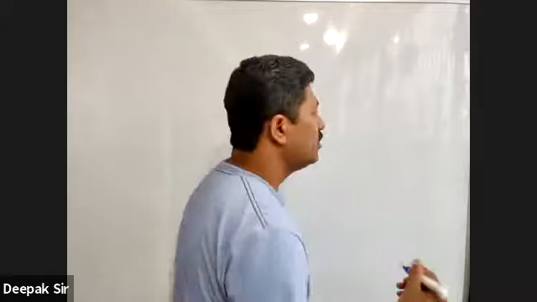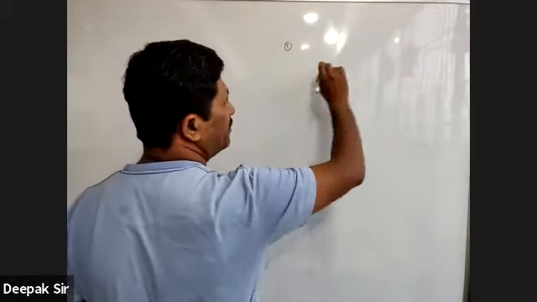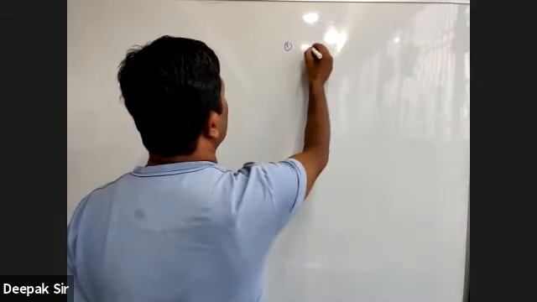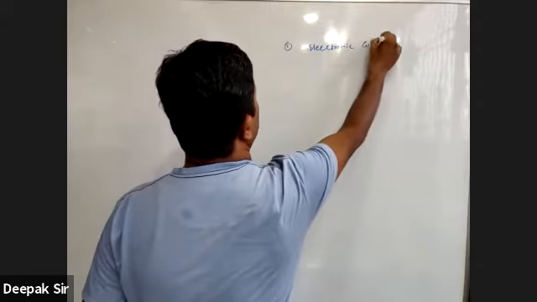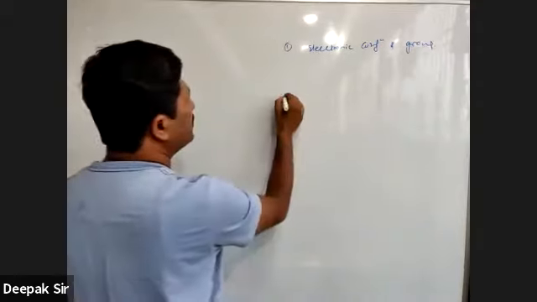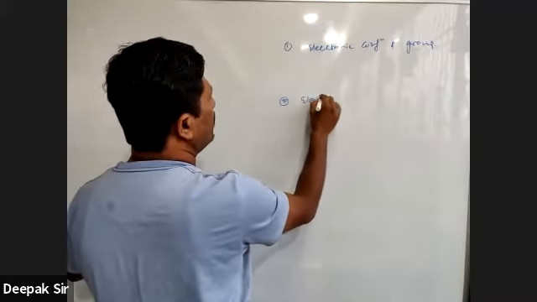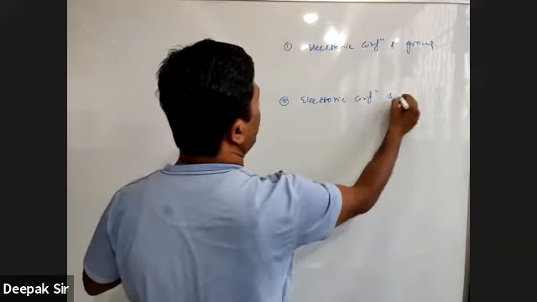So let's come here. Electronic configuration in the modern periodic table. Out of that, first is electronic configuration and group. That's what we have seen first. Second, electronic configuration and period.